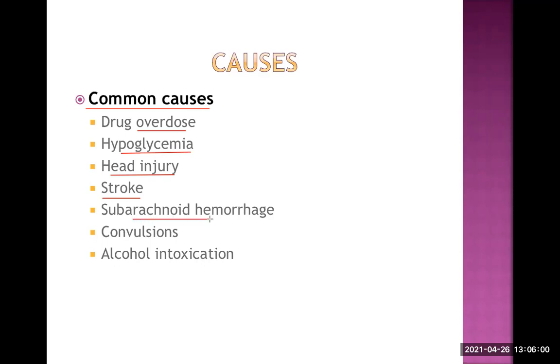Subarachnoid hemorrhage, it may be a part of the stroke or it may be different. Convulsion, prolonged convulsion, like generalized tonic-clonic seizure or grand mal seizure, is usually associated with loss of consciousness. And alcohol intoxication, okay, heavy alcohol consumption or some of the withdrawal effect from the alcohol can also be responsible.